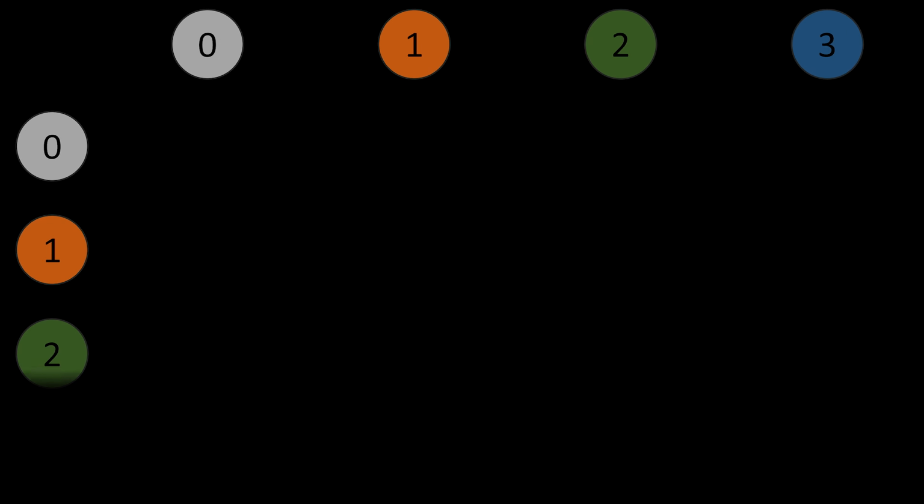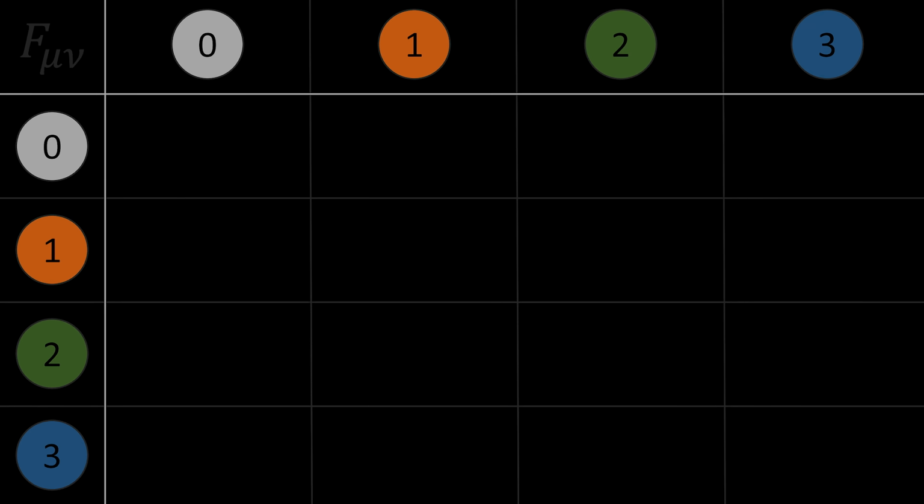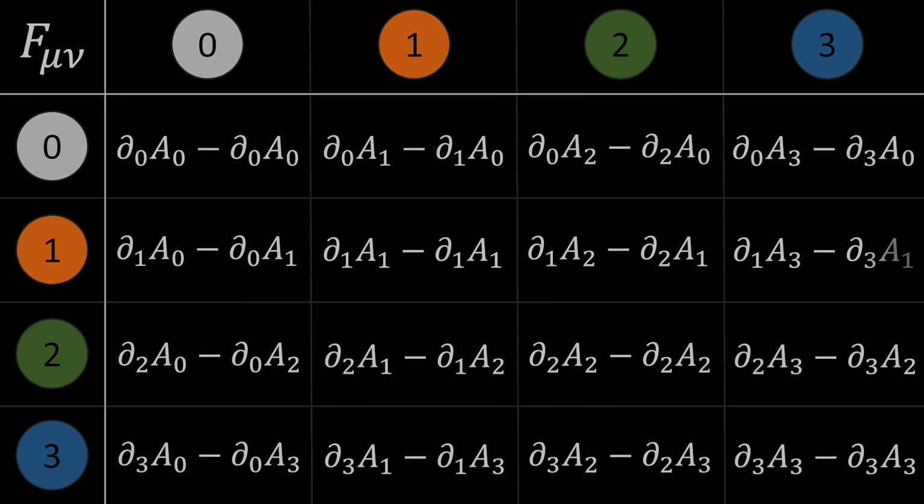Well, one way to go about that is to say, okay, we can make a table where each row and each column is going to correspond to one of the 4 dimensions of spacetime, and then we can populate the table with each option of picking those 2 dimensions and applying the loophole that lets A flop around energetically, independent of local phase transformations.